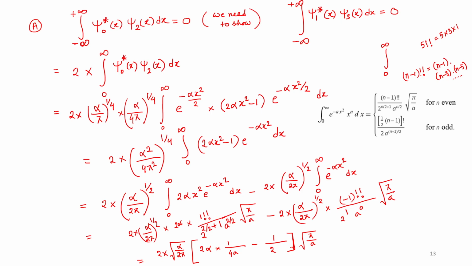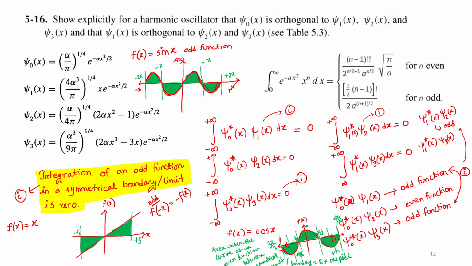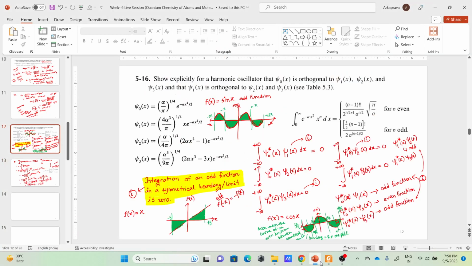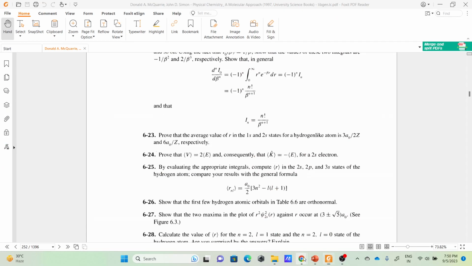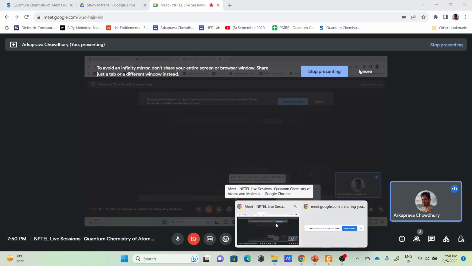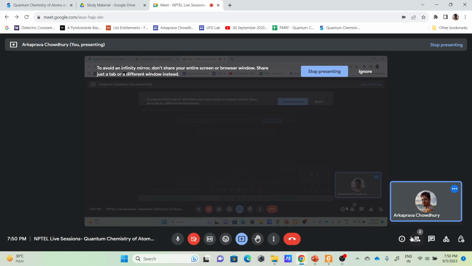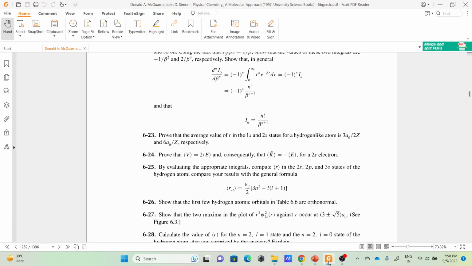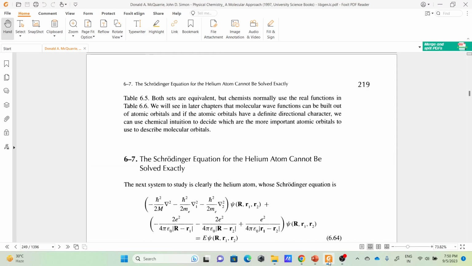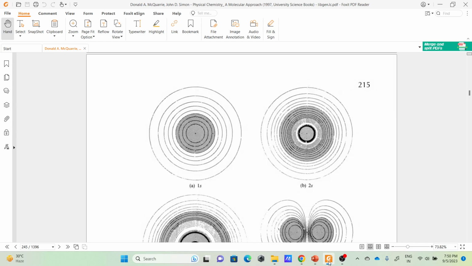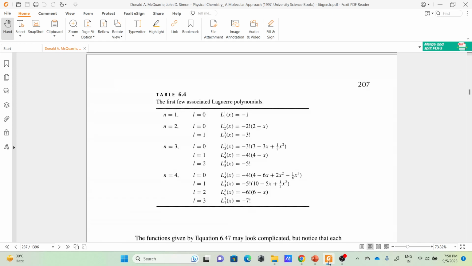So I took the values of alpha from here, and also to see what they mean by alpha. Let me check in harmonic oscillator what they meant by alpha.